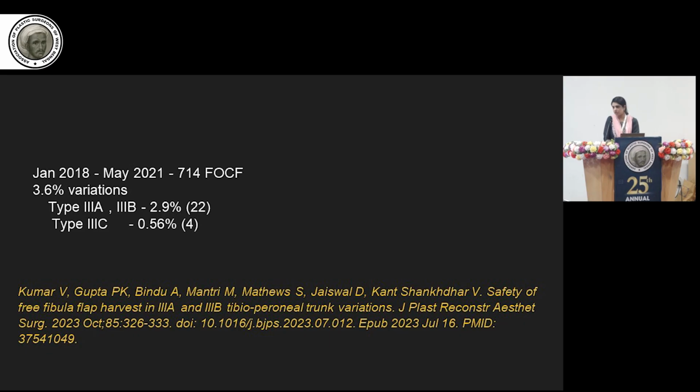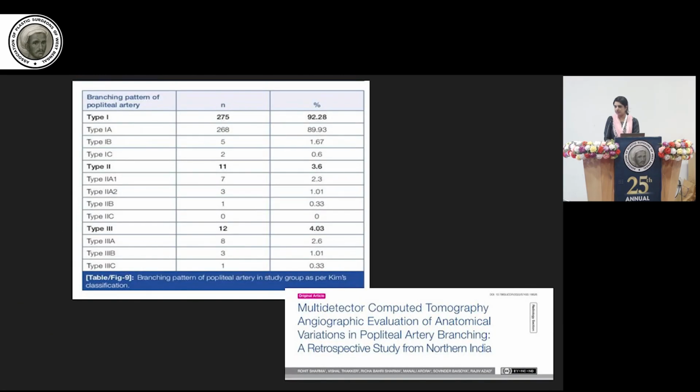And 4 of these patients had peronea magna over a period of 3 years. Although they successfully managed limb salvage and all flaps recovered, intraoperatively, as a reconstructive surgeon, when you're hit with this surprise, you have to know how to deal with it.